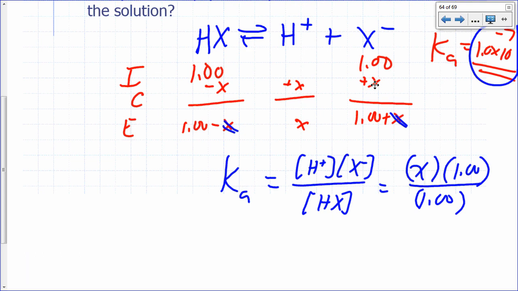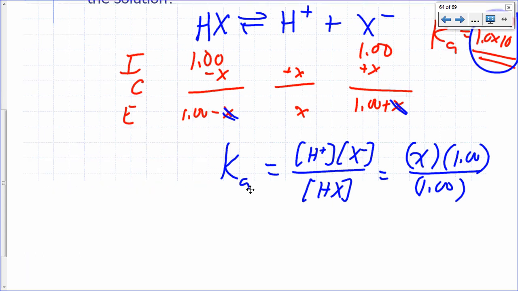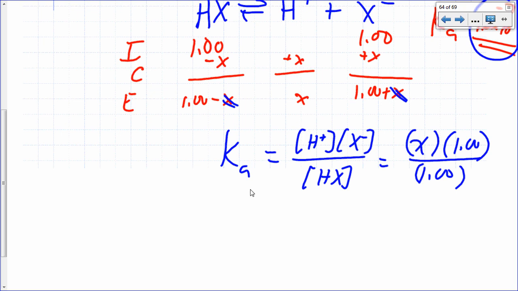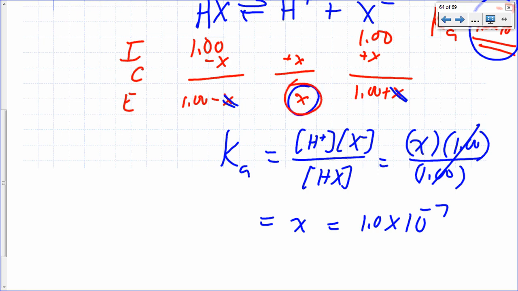So the 1 plus X, the X would be negligible, the minus X here would be negligible. So Ka in this case will just be equal to X, right? So X would just be Ka, which is 1.0 times 10 to the negative 7. But what is that? That is your H plus, right? Right there. So that is your H plus. So what's our pH here?